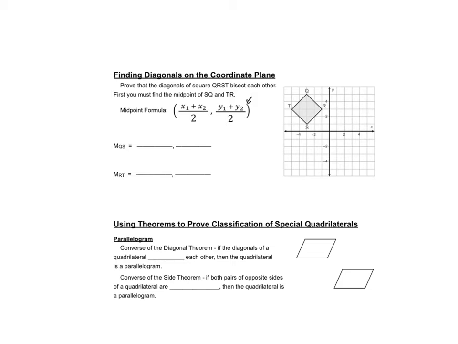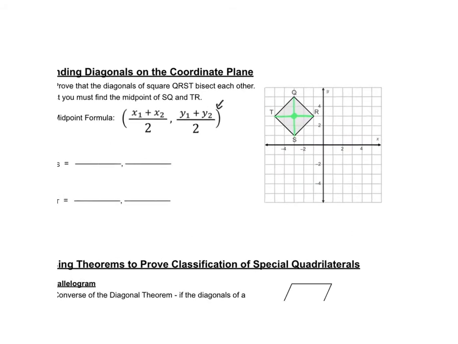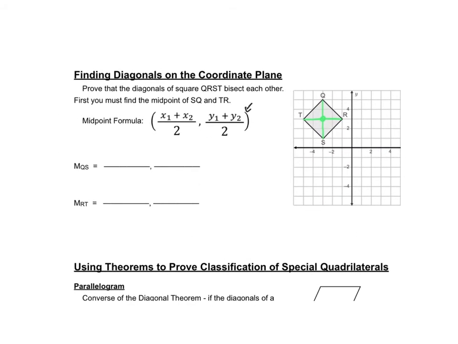But let's see here. To prove the diagonals of a square QRST bisect each other, first you must find the midpoint of SQ and TR. We want to find that point right there, and we want to determine what that value is.